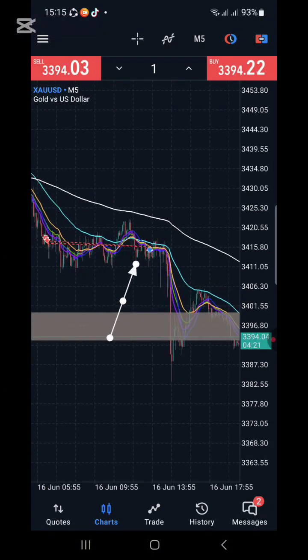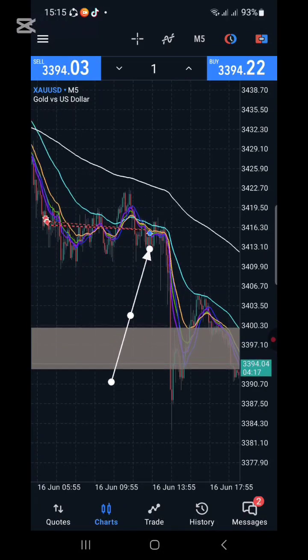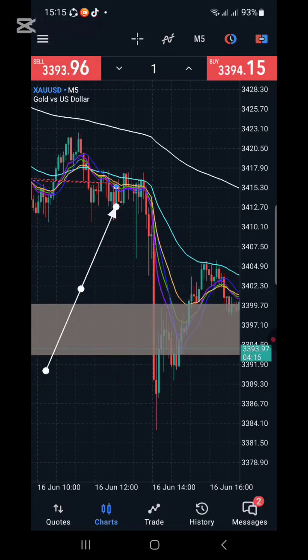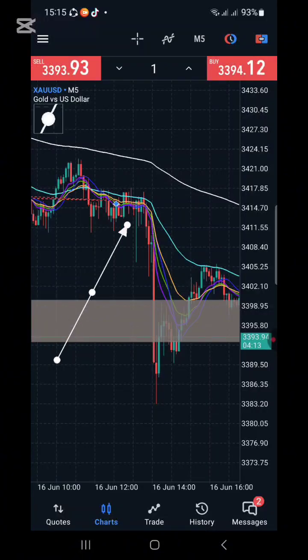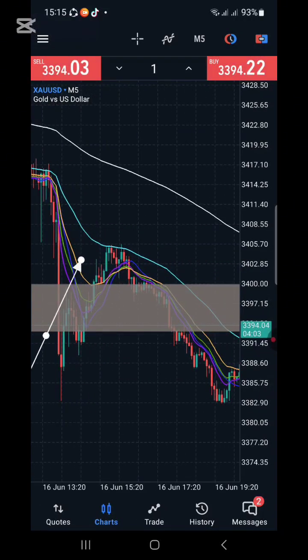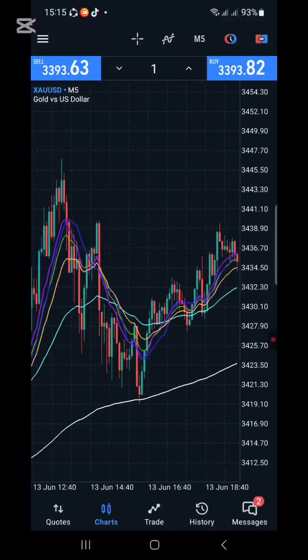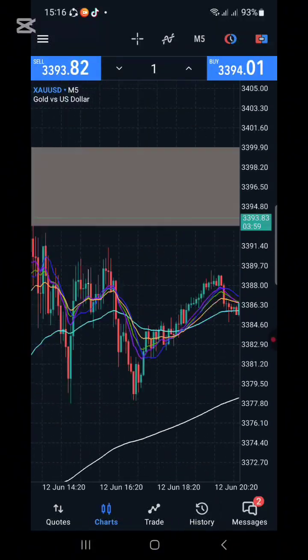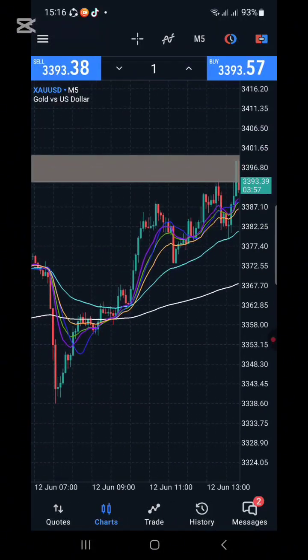My strategy is called the Prof Teams 99.99 strategy. That is the best, and you can see that they are coming here just to retest and went down.